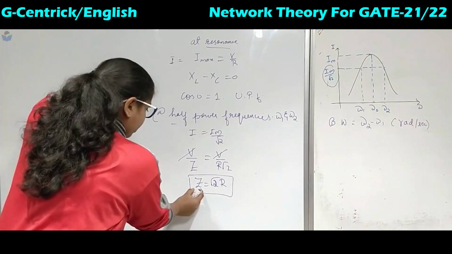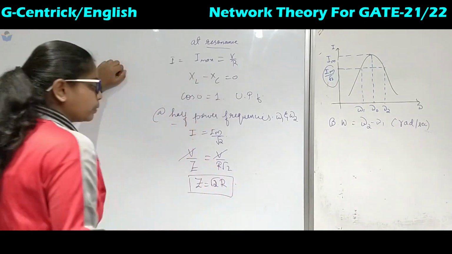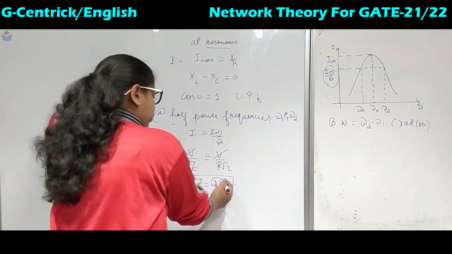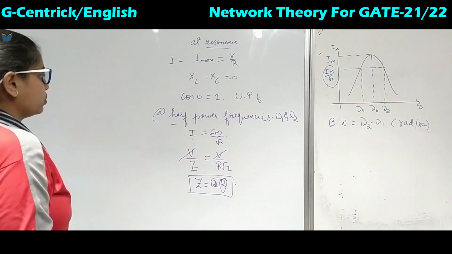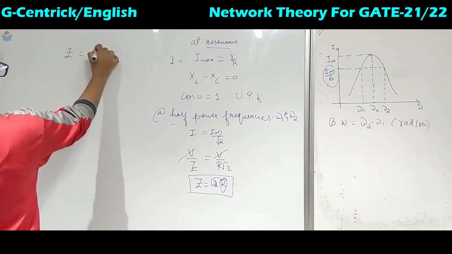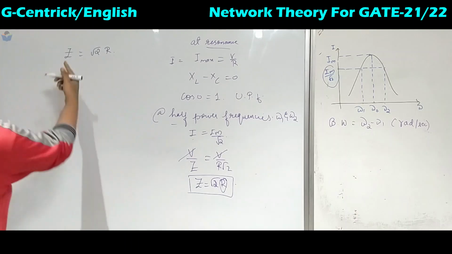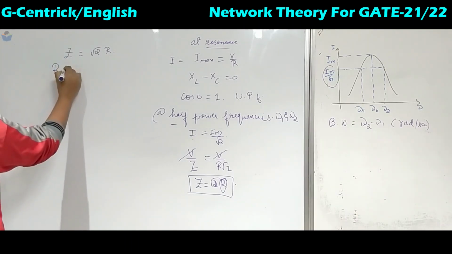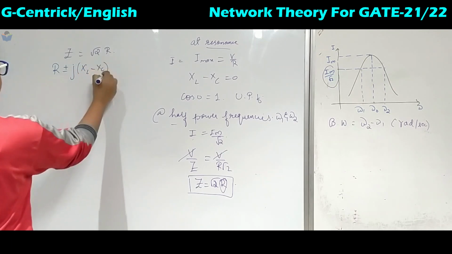It means that the impedance will be root 2, which is 1.41, times the resistance at half power frequencies. Now we'll take this condition, Z is equal to root 2 times R. This Z I can write as R plus or minus j(XL minus XC).